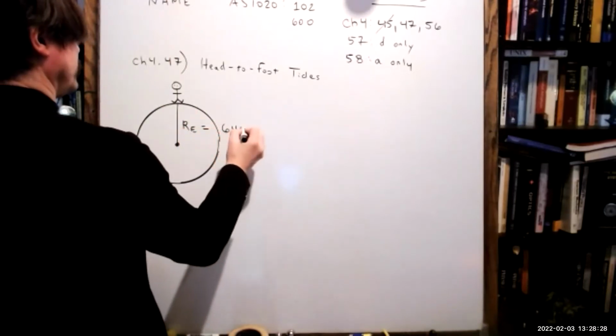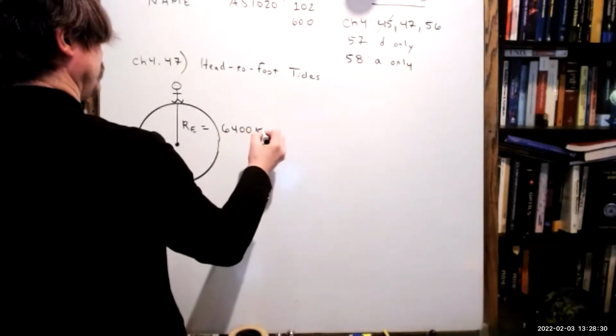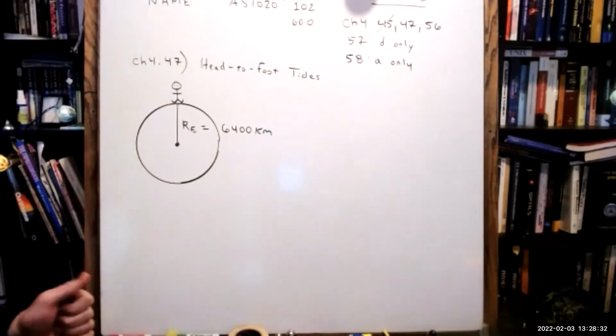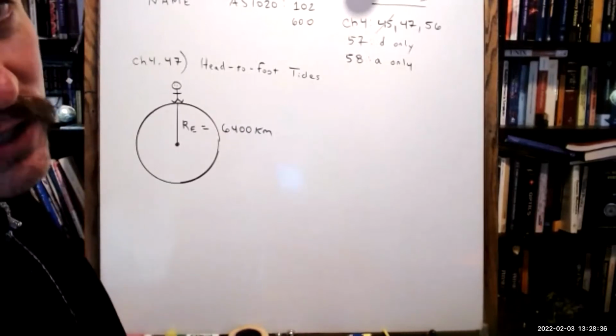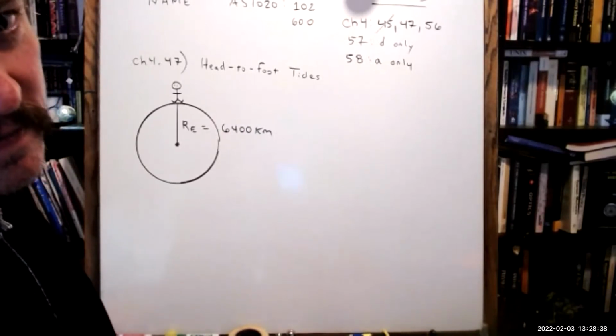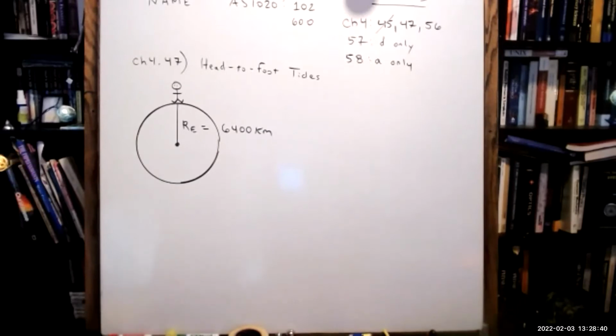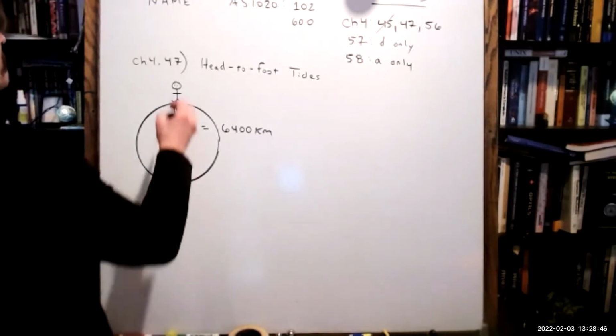The radius of Earth is 6,400 kilometers. How tall is a typical human being to one significant figure? Like 2 meters. Beautiful.